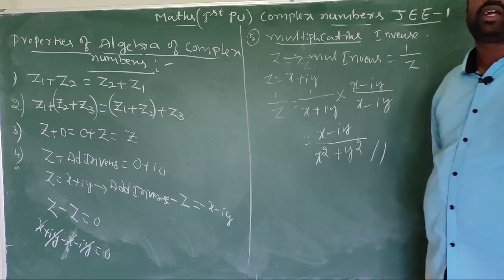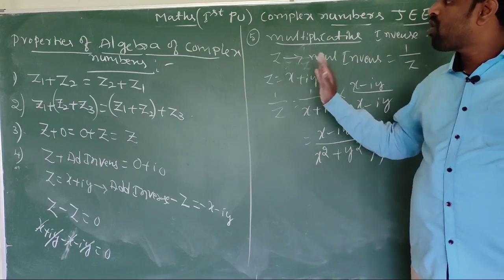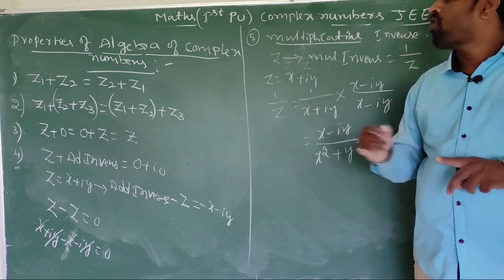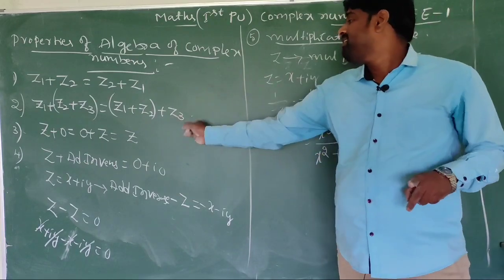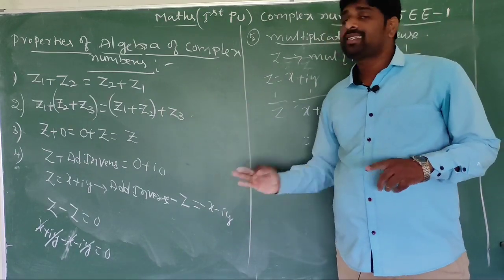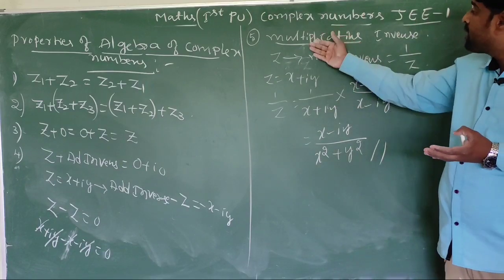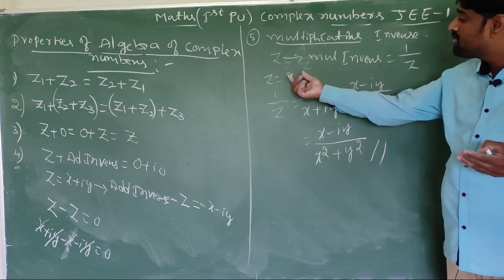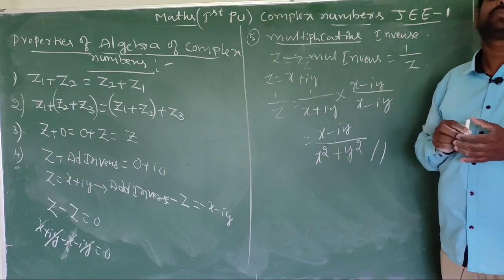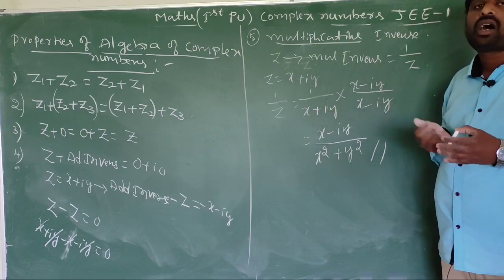The multiplicative inverse also exists. These are the properties of algebra of complex numbers. Commutative law is satisfied, associative law is satisfied, identity element exists, additive inverse exists, multiplicative inverse also exists. The multiplicative inverse of z is 1 by z. Suppose z is equal to x plus iy, so 1 by z is 1 divided by x plus iy.